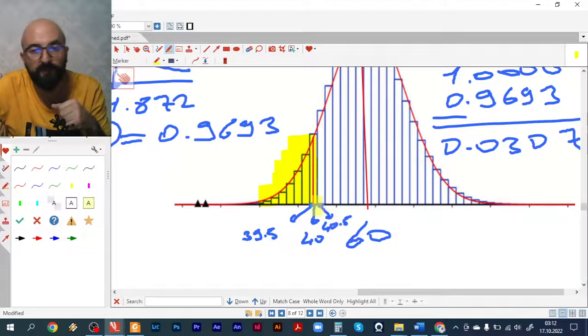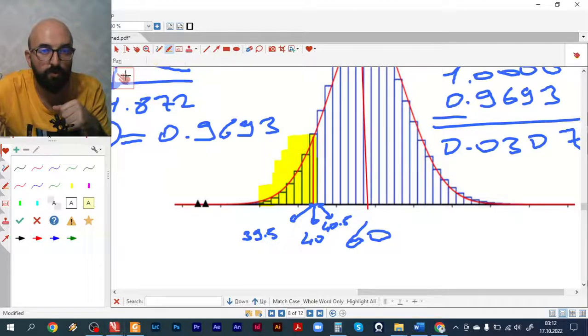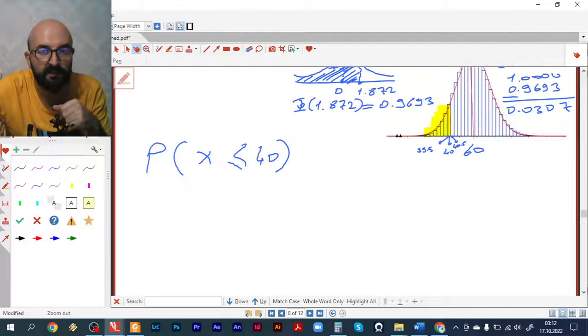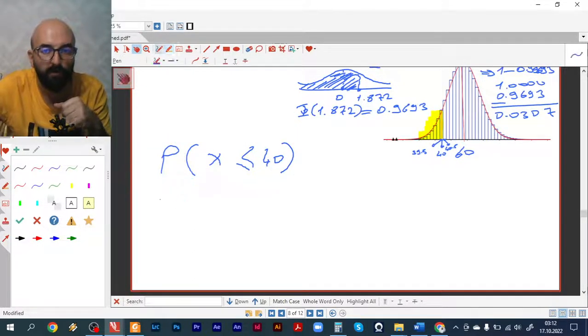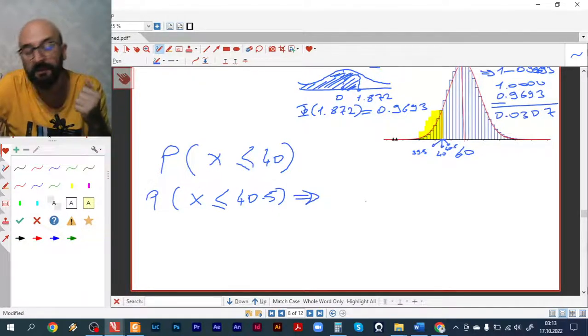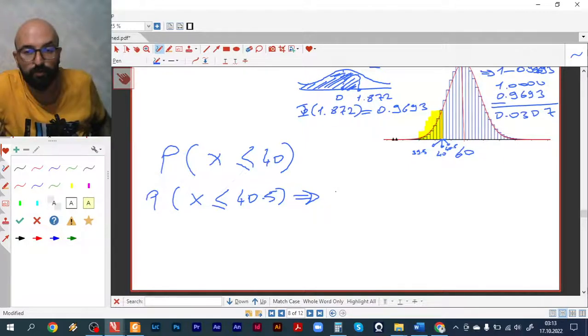So you should figure out the probability of x less than or equal to 40.5, and it means we should make the continuity correction. Please don't forget, because we should use the z table.